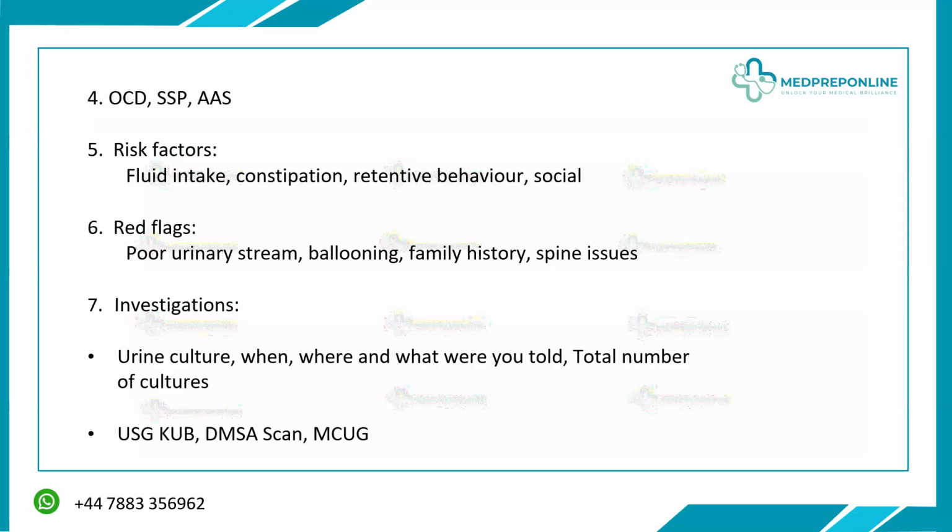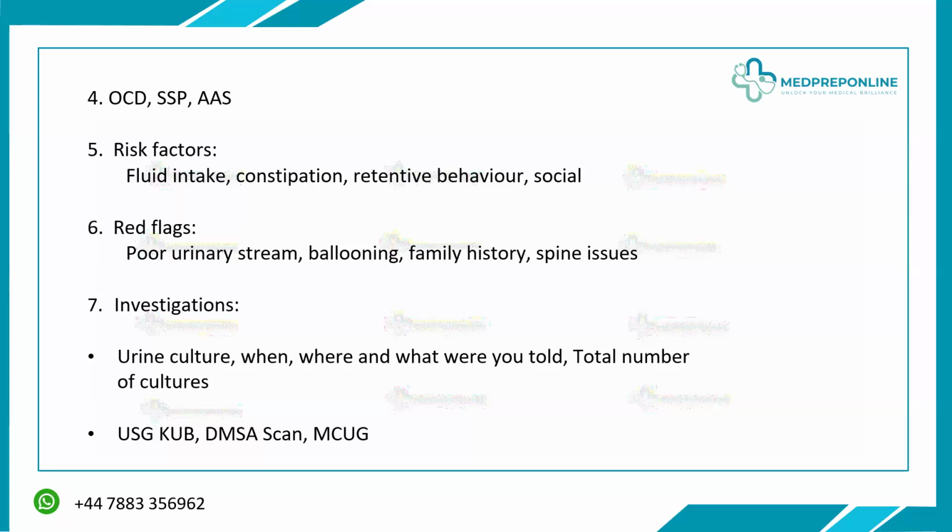This would give you some clue towards the management strategy. Like if there is any previous history of UTIs, and last time there was some bug isolated that was sensitive to some specific antibiotics, you can empirically start those antibiotics next time.